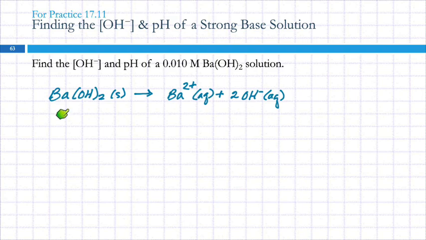So if we started out with 0.010 molar, and this is a strong base, it's all going to dissolve. How much barium ion are we going to get? 0.010. And how much hydroxide ion?